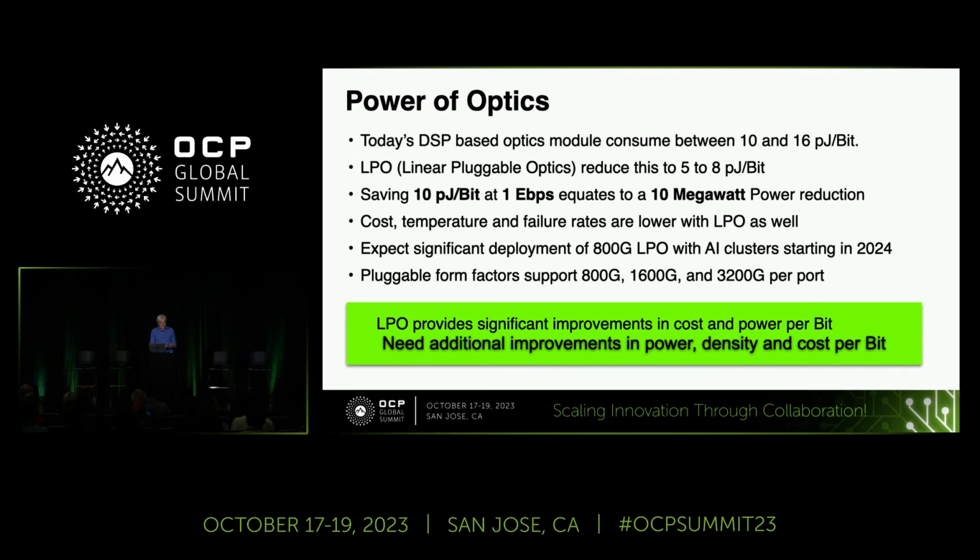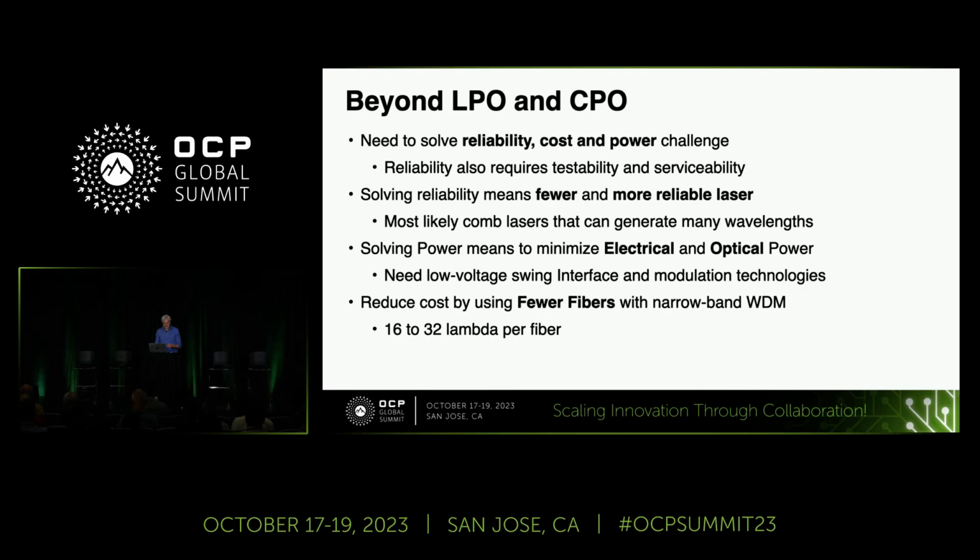And you also get lower cost, lower temperature, and lower failure rates without the DSP. So we do expect a significant adoption of LPO optics for AI clusters starting next year. And again, the pluggable form factor will eventually go from 800 gig to 1600 gig to 3200 gig. However, we need much more improvement on both the power and density of these optics.